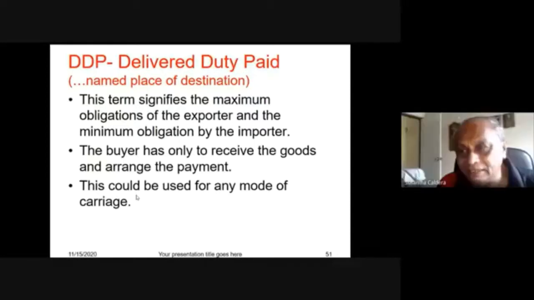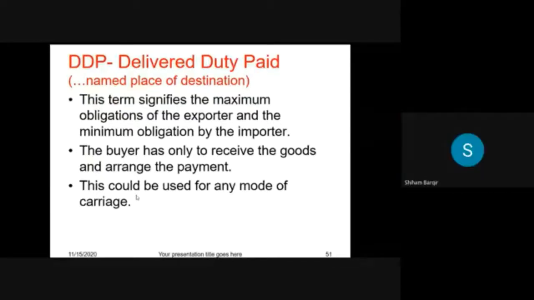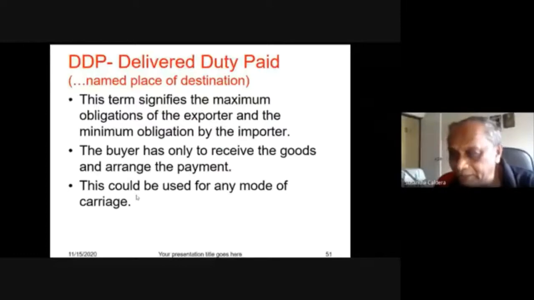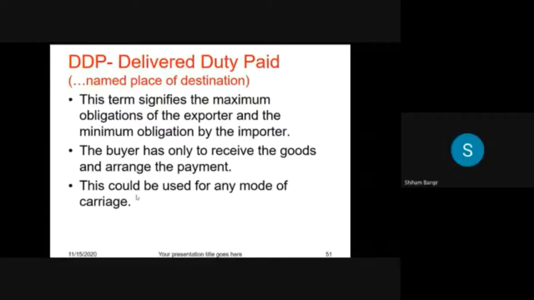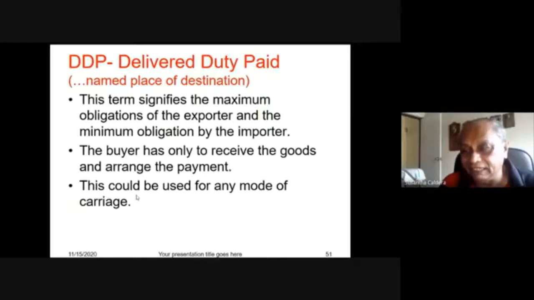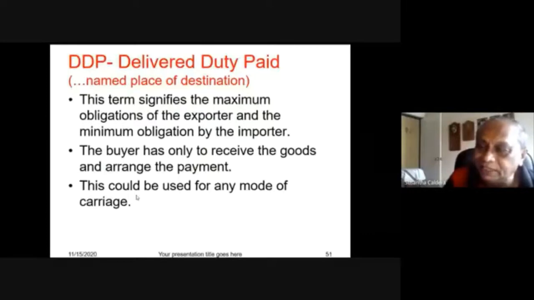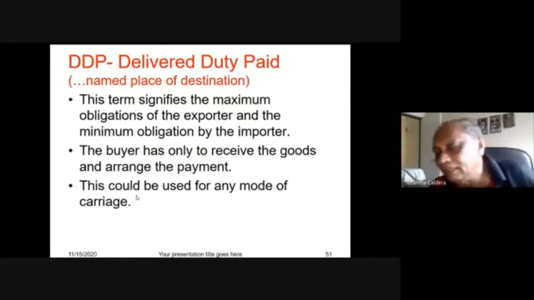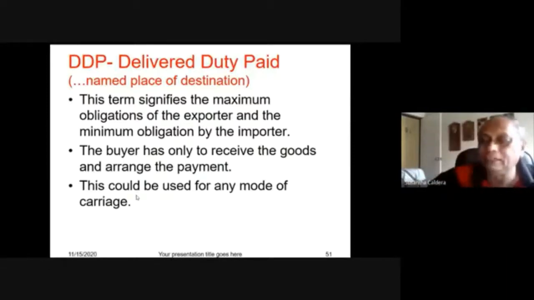Any other answers? Importer London, exporter Colombo. That one is correct. The first was wrong, because destination means import. So whoever is in London is the importer, whoever is in Colombo is the exporter.